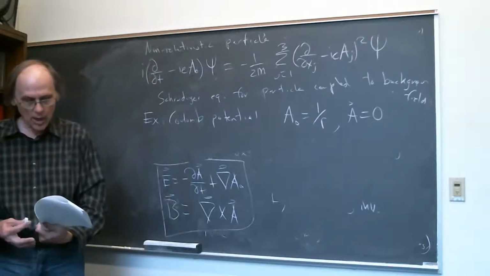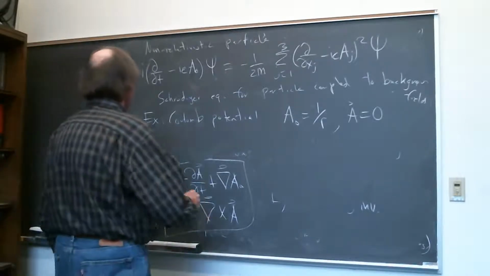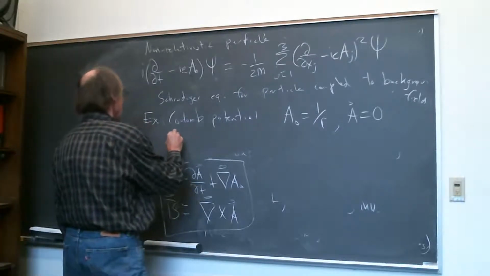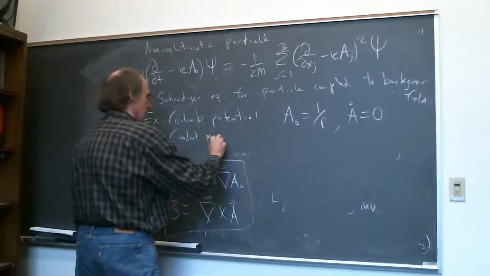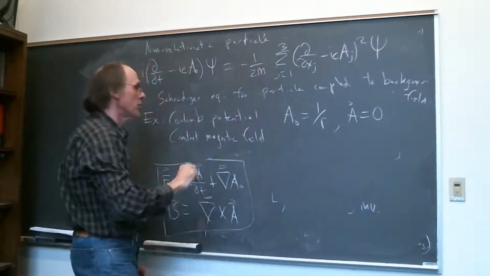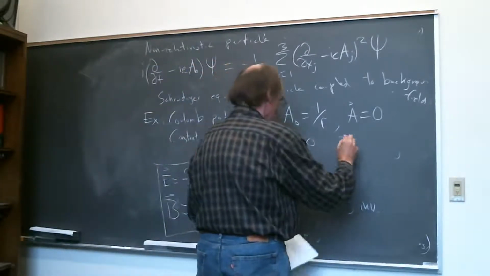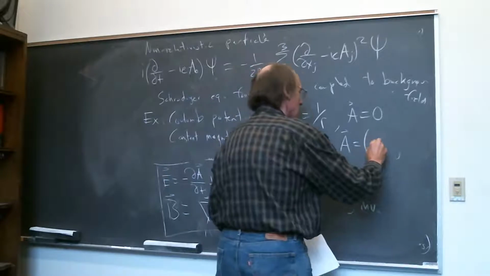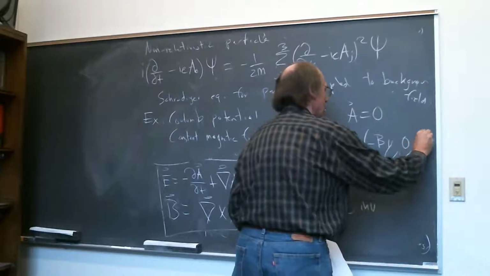Okay. And then another example, which I won't write down, is the constant magnetic field. You can write down what happens if you choose A0 is 0 and the vector A is minus B times (1, 0, 0) wait, the x component is B times y, and the rest of the components are 0.